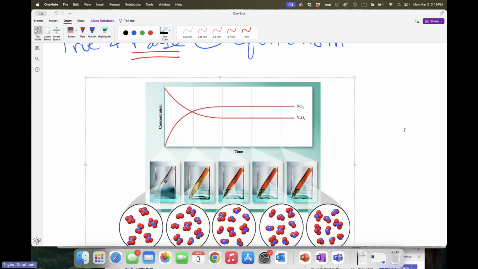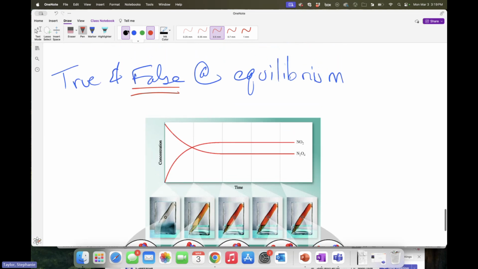Taking this one out of the notes. Something to keep in mind whenever we're talking about equilibrium is where, on the graph here, and you can argue exactly where this is, I'm going to say it's about here. Equilibrium is where the concentrations are no longer changing.